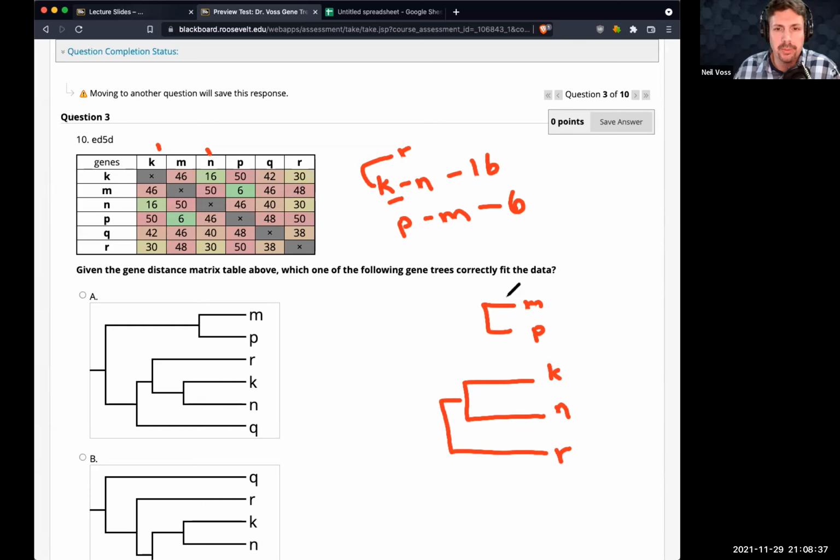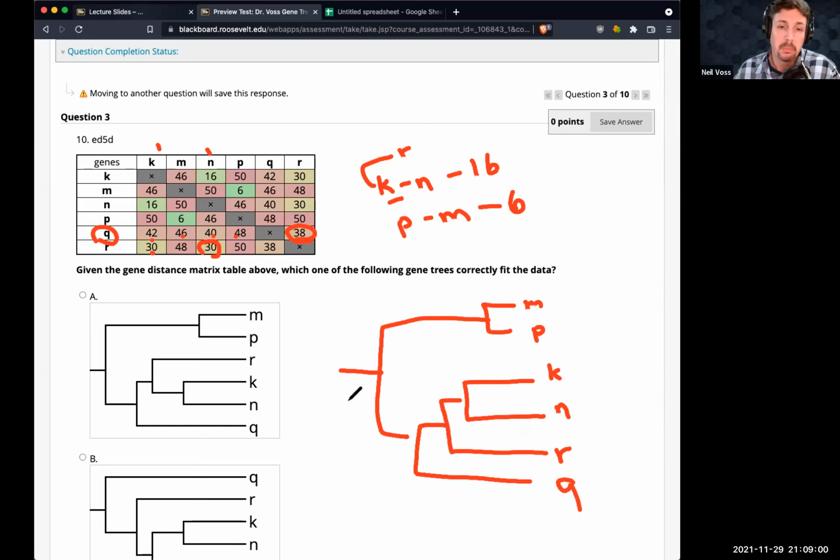So what's the one we haven't placed? Q. Is Q close to anything? It looks like Q is closest to R. But you remember R is closer to N and K than it is to Q. So I guess I'd probably put Q here. And then like that, maybe. Is that an answer that is possible?